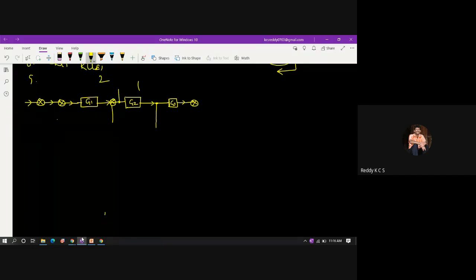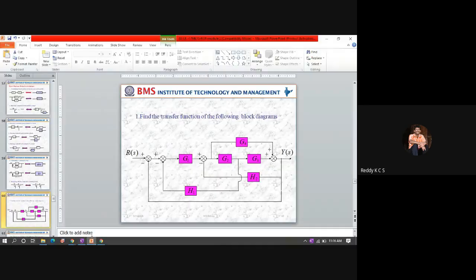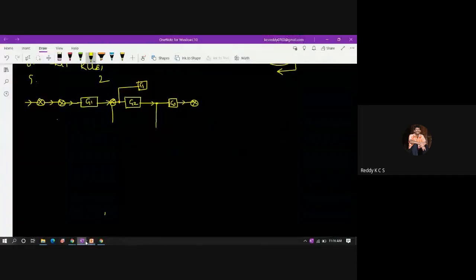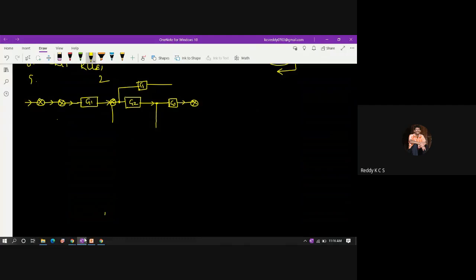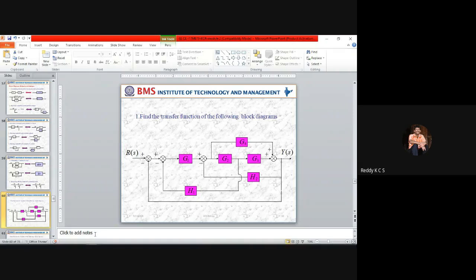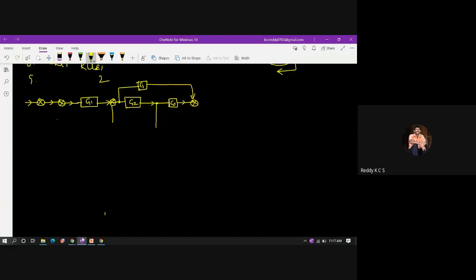This takeoff point goes with G4, and G4 is coming to the summing point here like this. Next, from the takeoff point to the second summing point with H1 value, it is coming with H1 value.